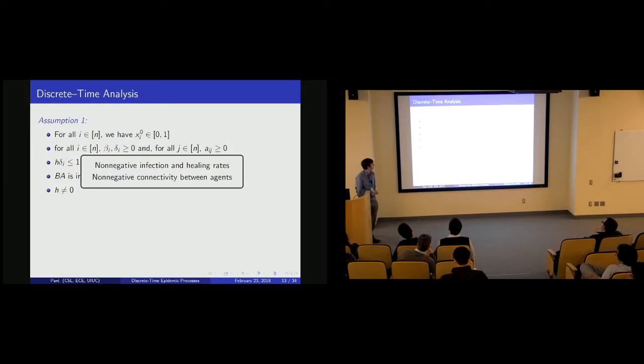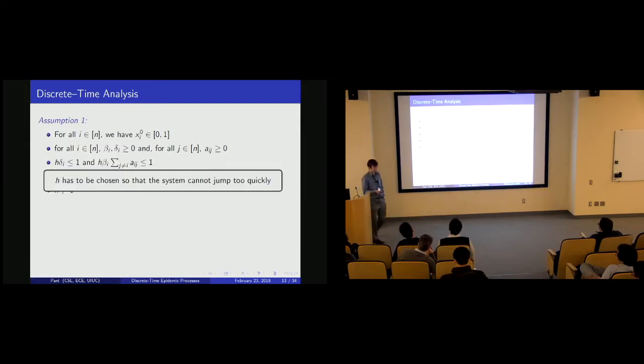The second assumption is saying we have non-negative healing and infection rates and connectivity between the agents. And then this third assumption is pretty much constraining the sampling parameter so that you don't jump too quick and get out of the bounds of where the model makes sense, because you want it to be a map from 0 to 1 into 0 to 1.